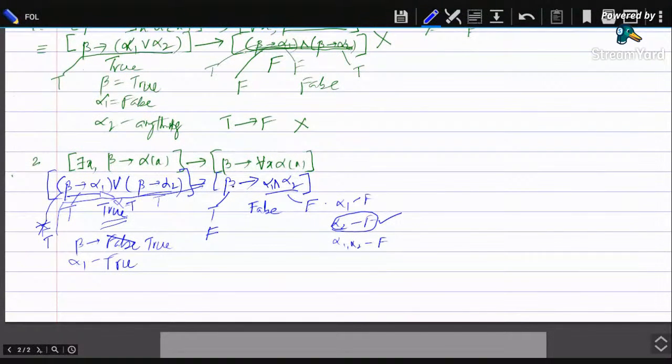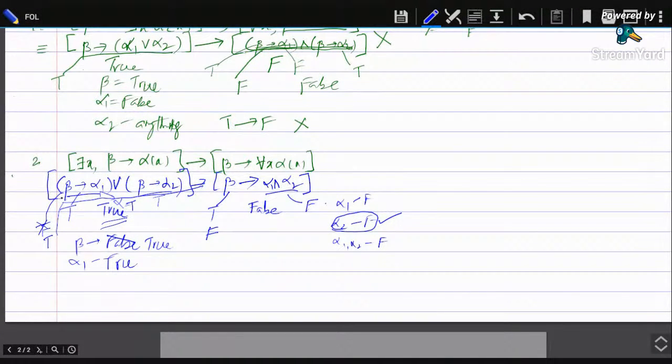This side, beta is compulsorily true because you want the right side to be false. So the only option is the true-false option. If this is true and this is false, only then this operator will become false. So making this true is compulsory. Therefore, the simpler way of solving this was making this false.